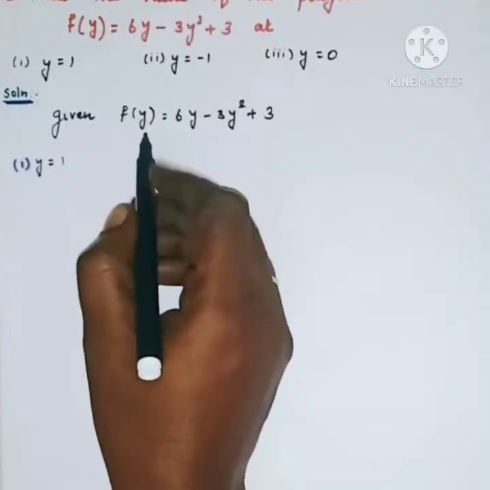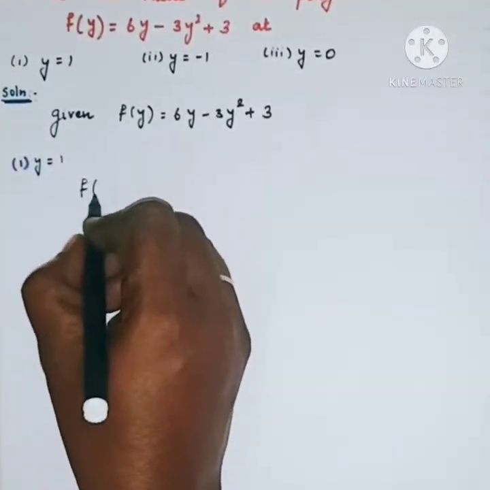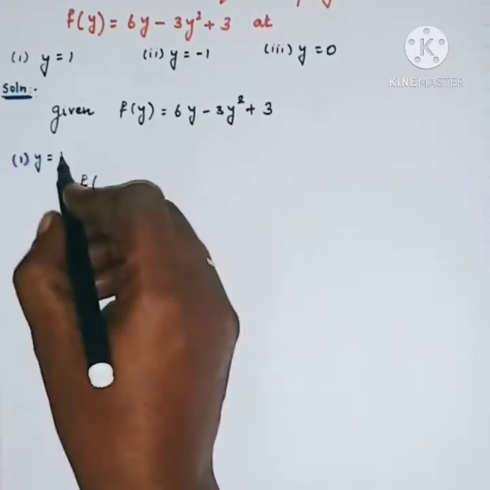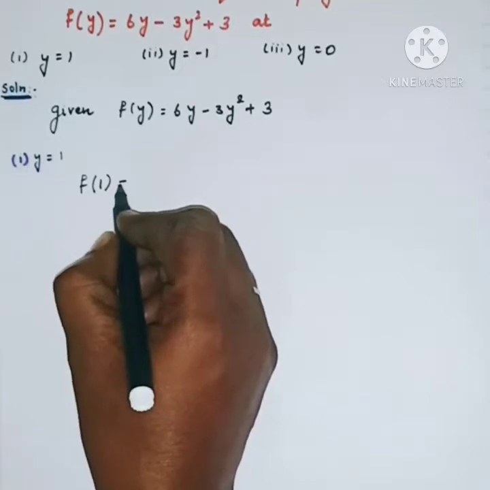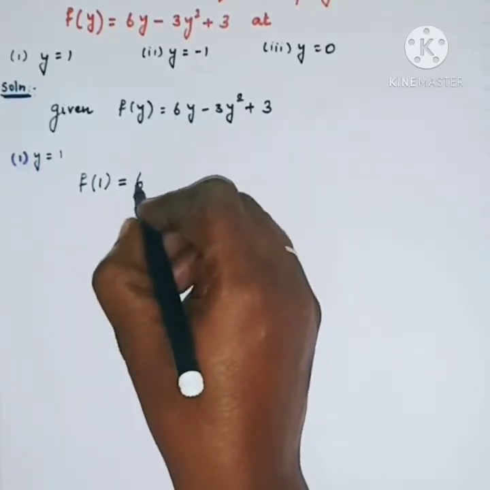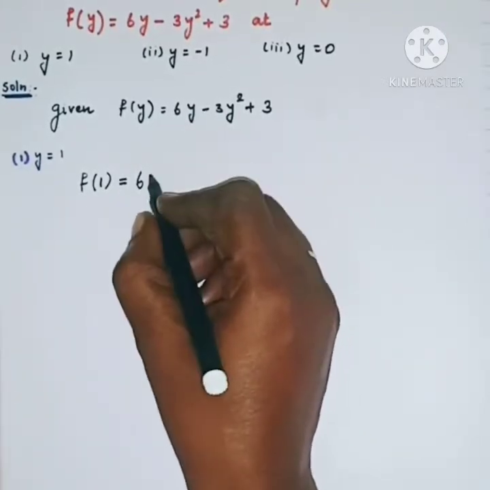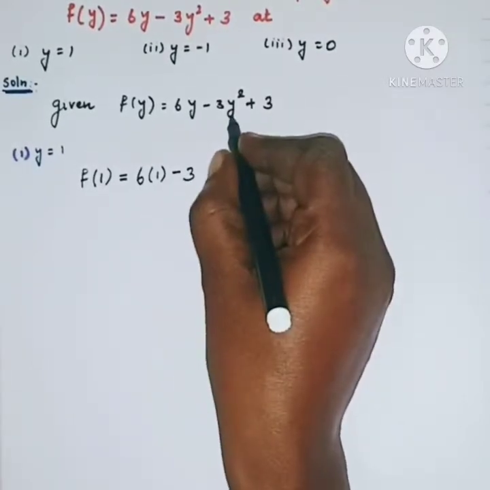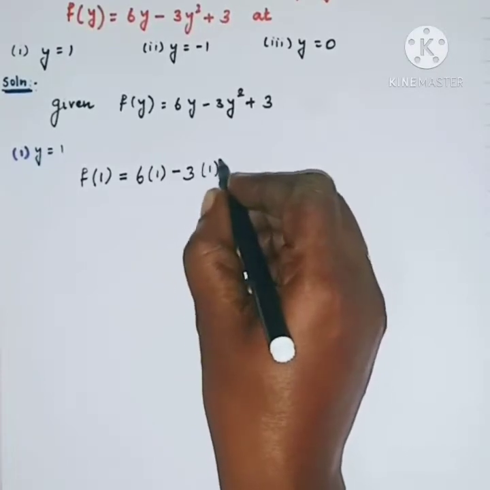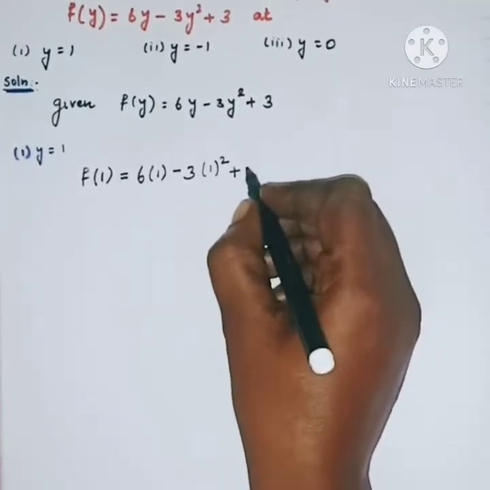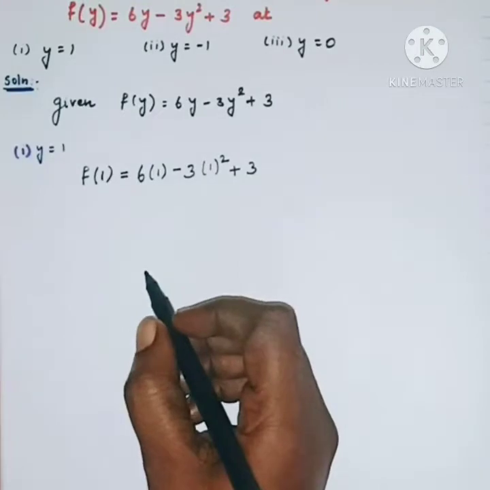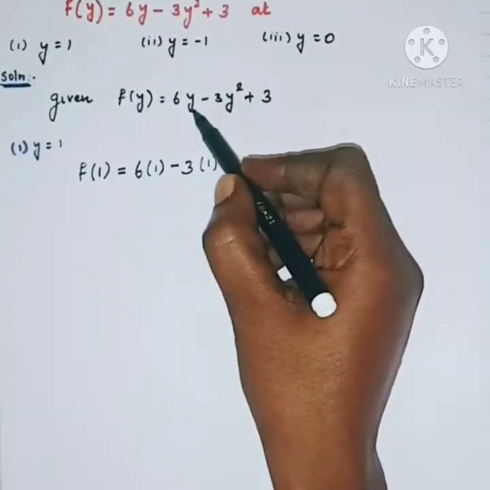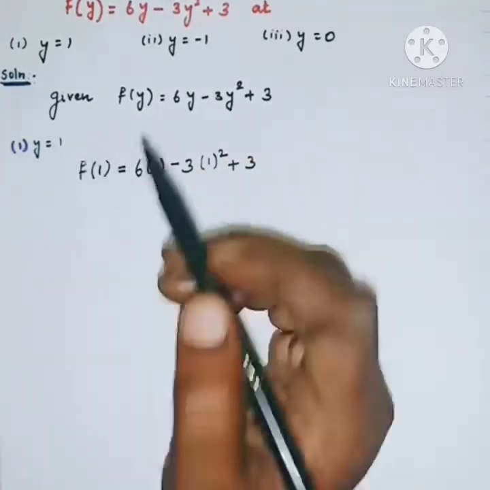So f of 1 is equal to 6 into 1 minus 3 into 1 square plus 3. So, in this polynomial, we have to substitute the value for y is 1.